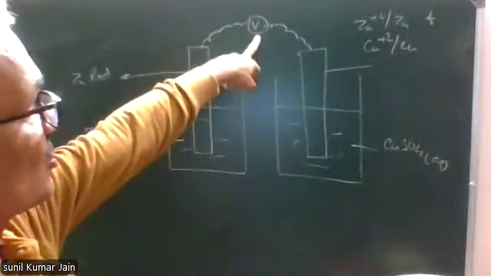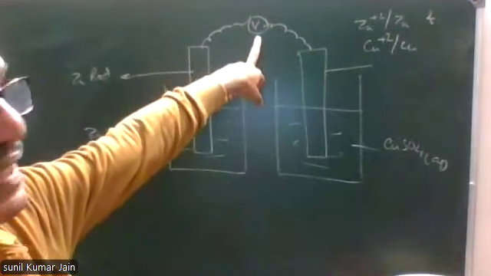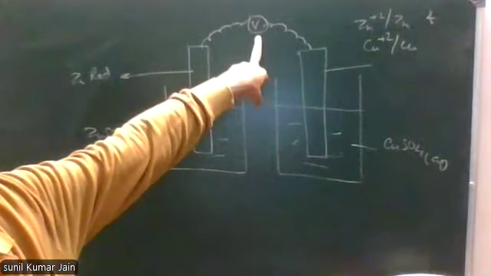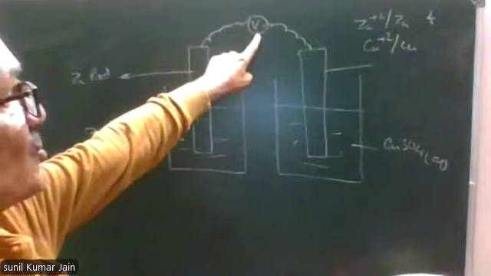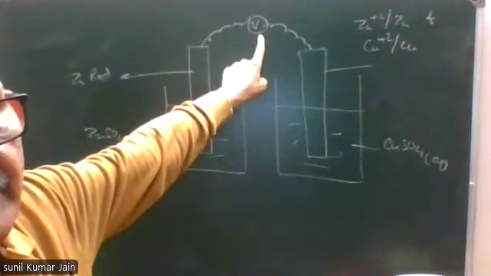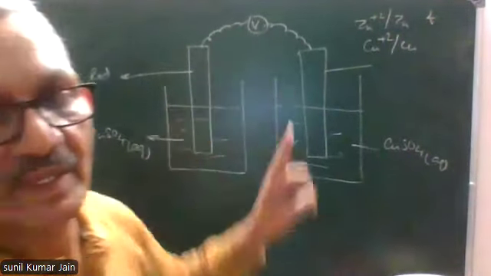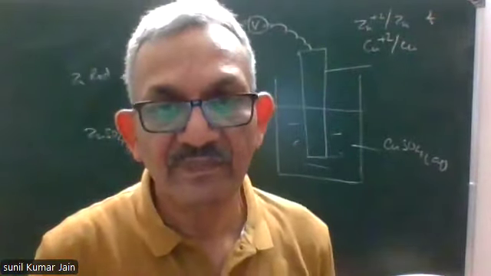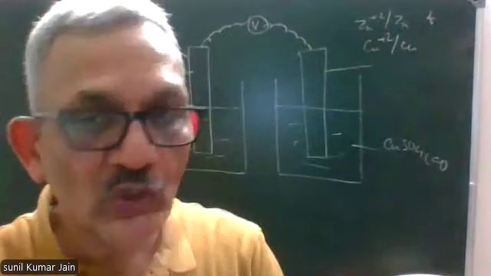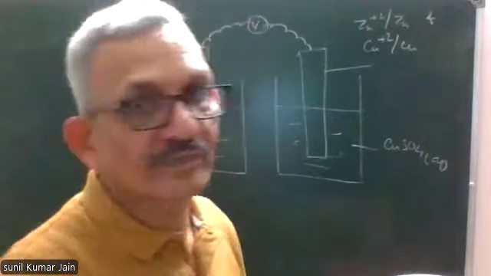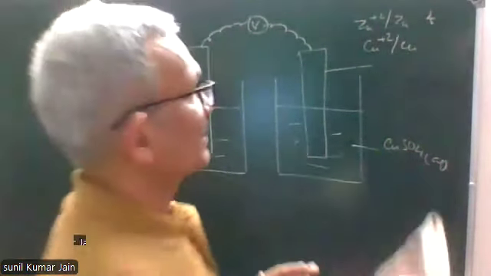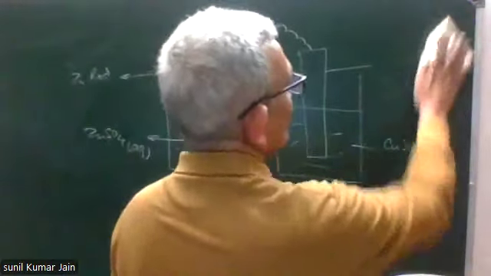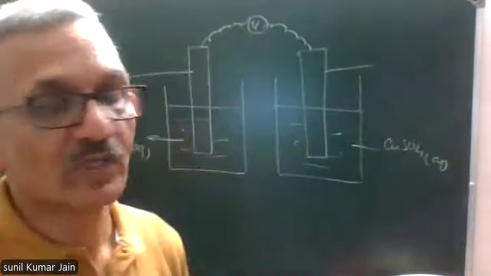The two metal rods are connected through wires and a voltmeter, but there is no deflection in the voltmeter.